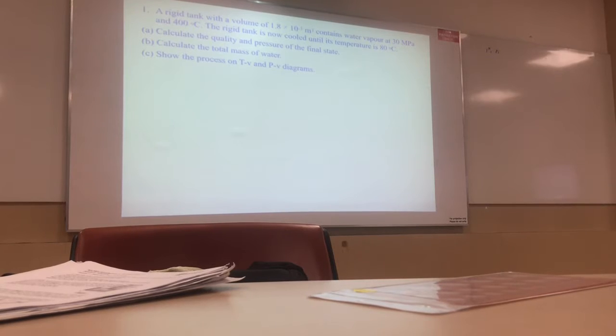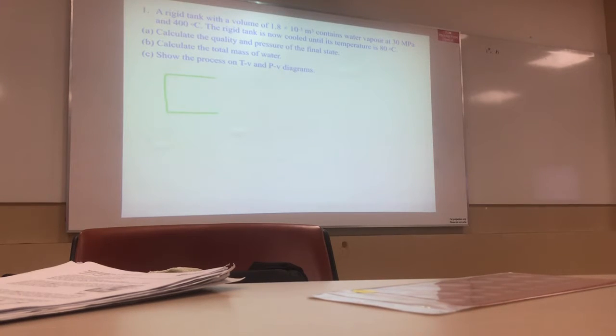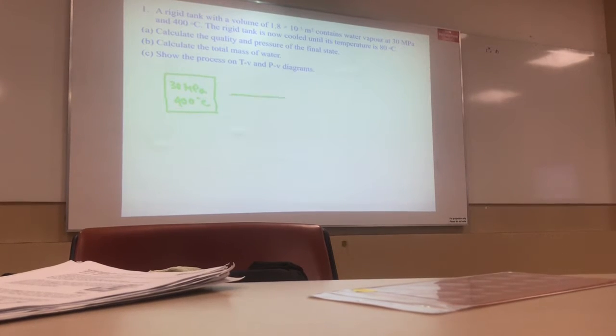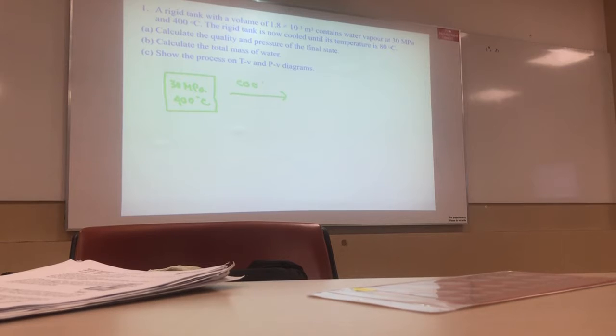So take a look. The question tells me this is a rigid tank. This is state 1. State 1 is 30 MPa and 400 degrees Celsius. And I am going to cool down the system. This is the cooling process.